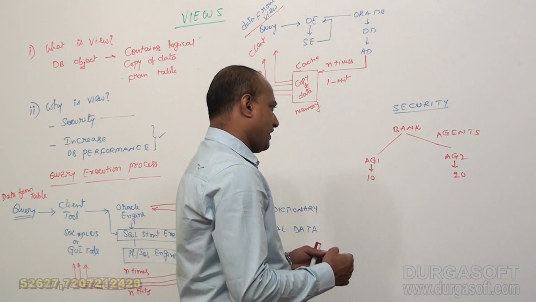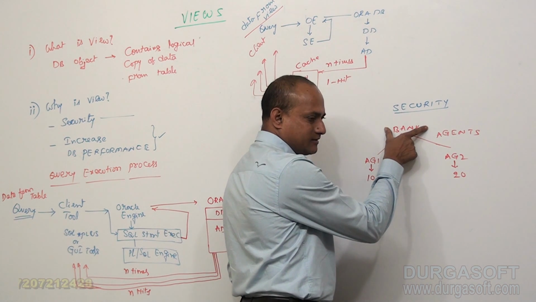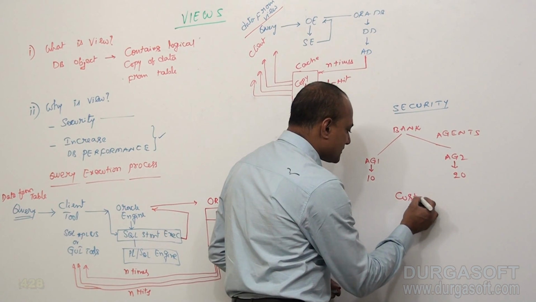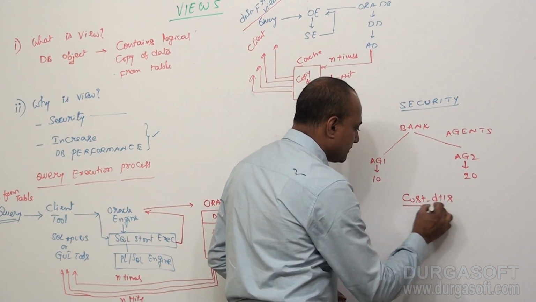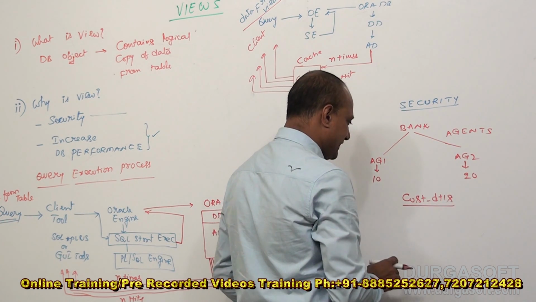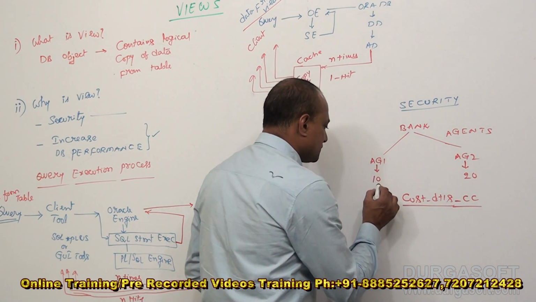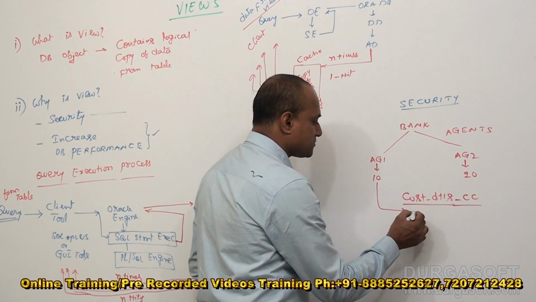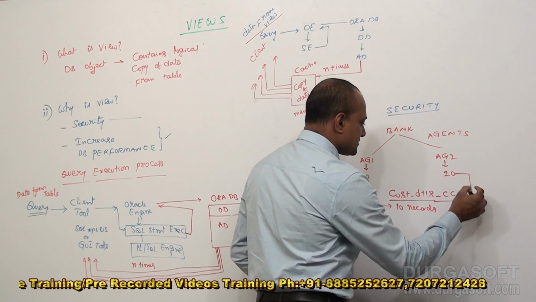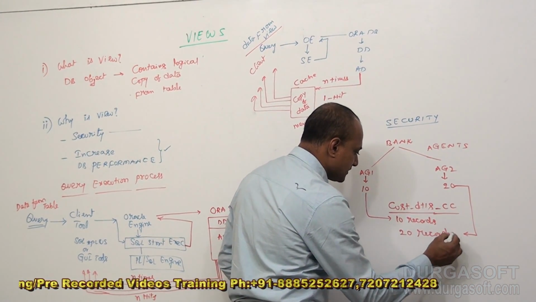But anyone who gets the credit card is a customer of the bank. So the banking people have to maintain customer details, all credit card customer details. These 10 people mean 10 records in this table, and these 20 people mean 20 records in this table. Listen carefully.